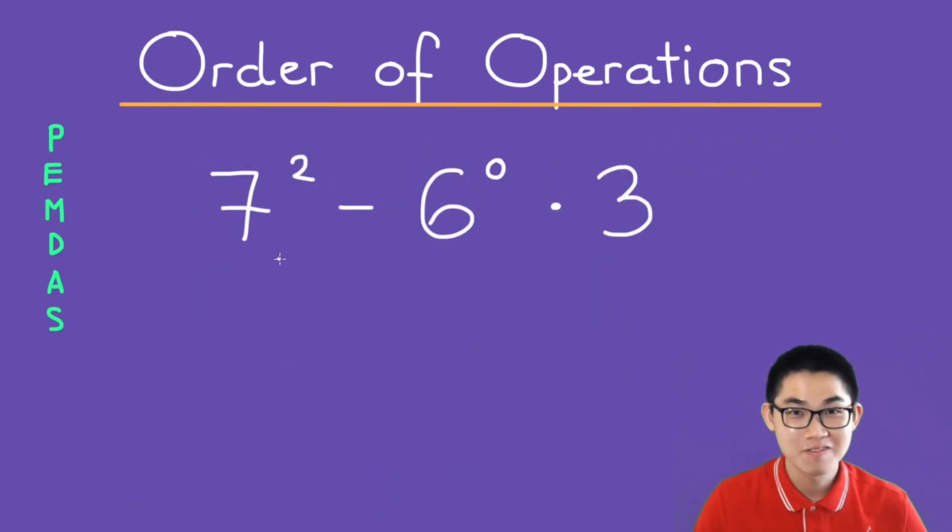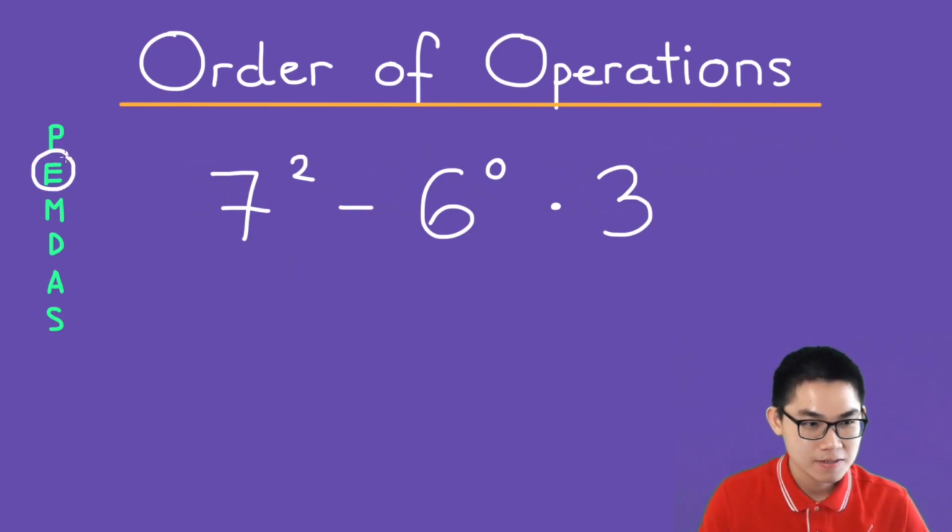7 to the power of 2 minus 6 to the power of 0 times 3, or multiply by 3. So go ahead and pause this video and see if you can try it. Now let's go through this problem. We have to do the exponent first. So 7 to the power of 2 is 7 times 7, which is 49.